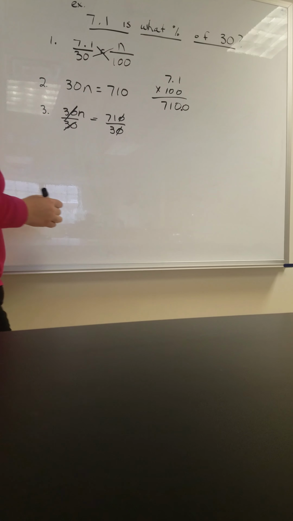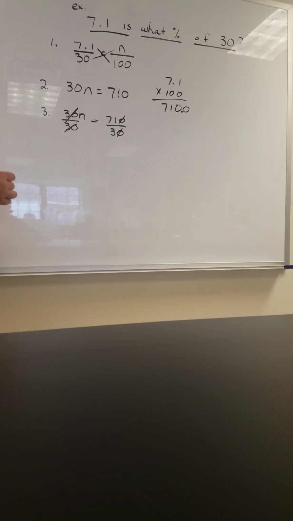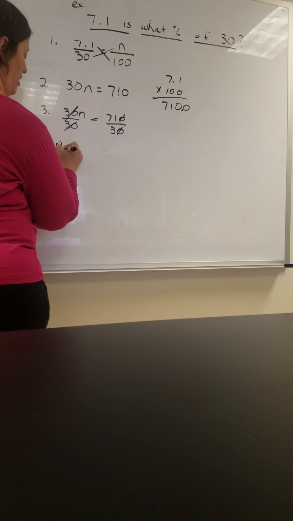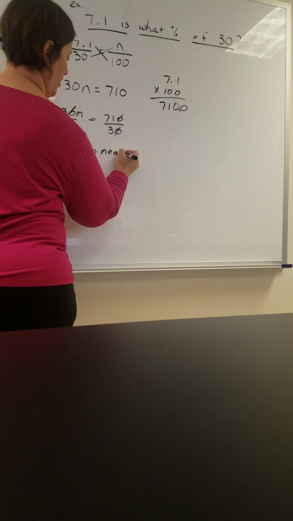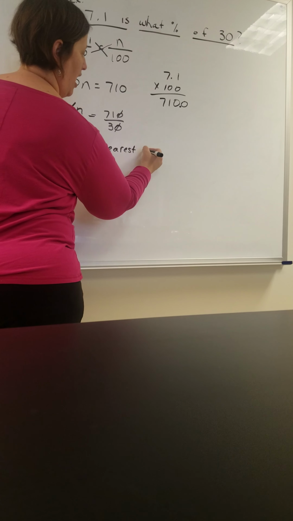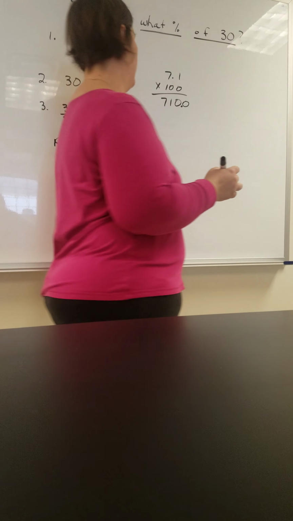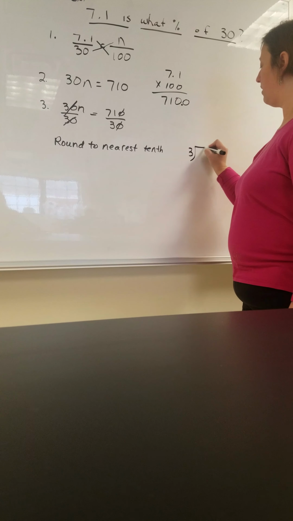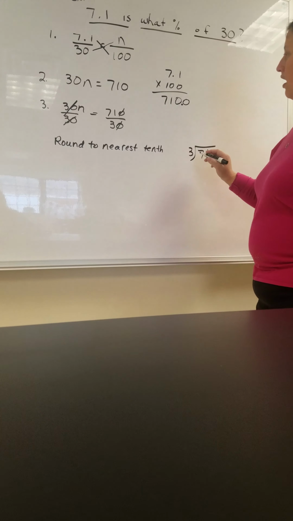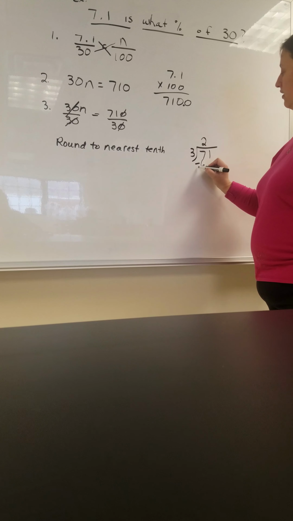Now I can tell you that 3 is not going to divide evenly in there, so in this particular problem we're going to round to the nearest tenth. On the quiz, I will tell you to round it if it doesn't come out evenly. All right, so let's figure out how many times 3 will go into 71. Okay, so 3 goes into 7 twice. That's 6.